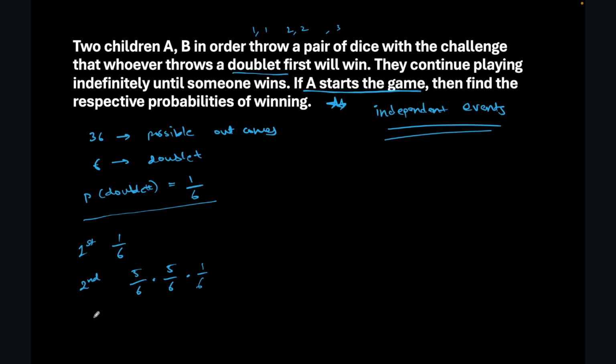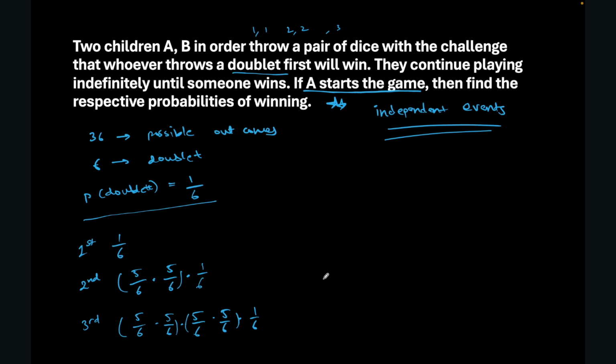Okay. Then the third case can be, well, A misses, B misses again, A misses again, B misses again, and then A scores. That's a third possibility, right? That's a third round, technically. There's the first round, second round, and then third round, like this.